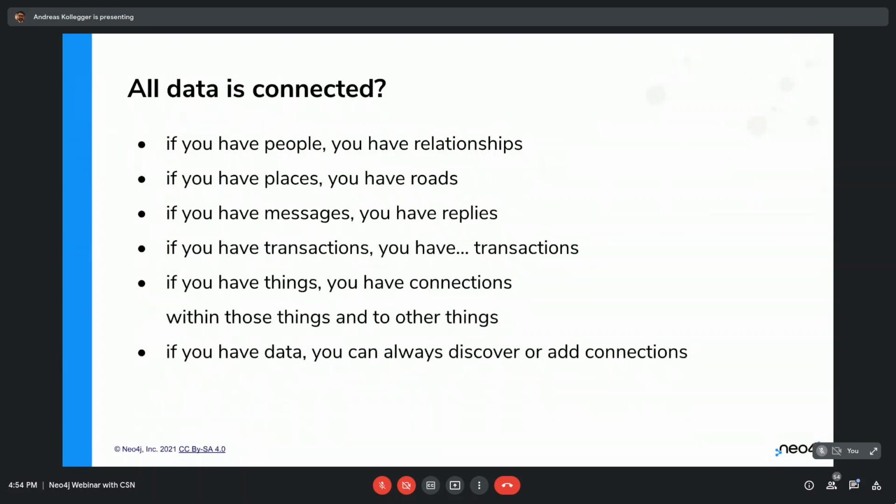Probably not. Somewhere earlier than that, you cut off and say, okay, that's the extent of the data set that we're going to address. But generally, if you have data, you can always either recognize the relationships that exist or add relationships to it to have richer data. There's almost nothing that I think wouldn't benefit from a graph database.